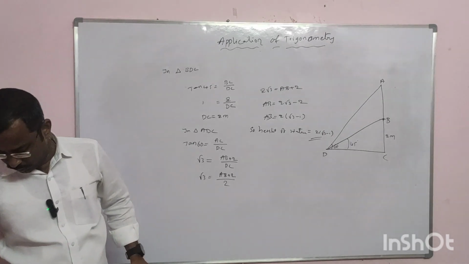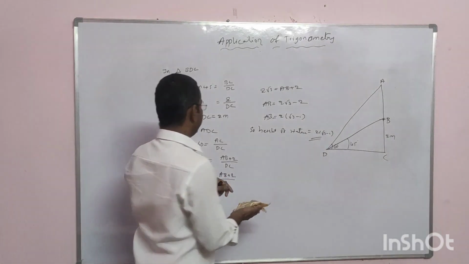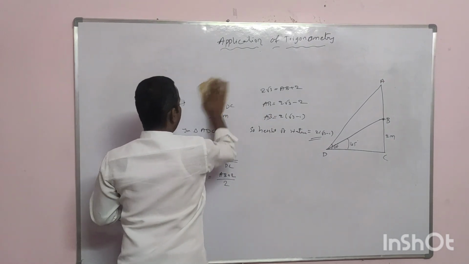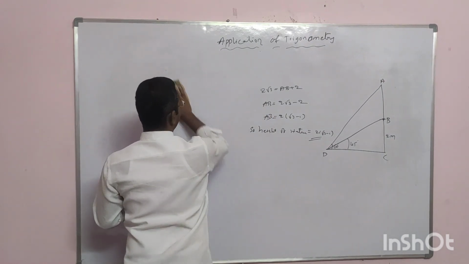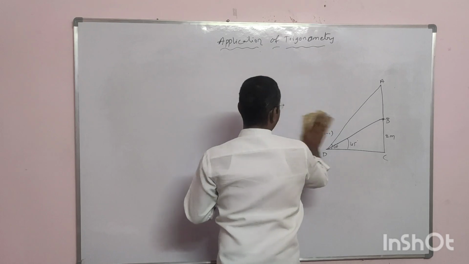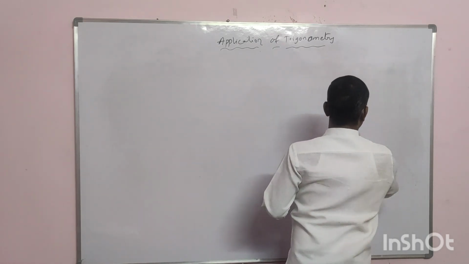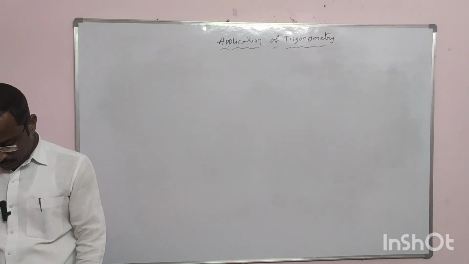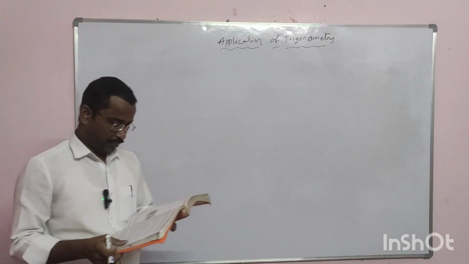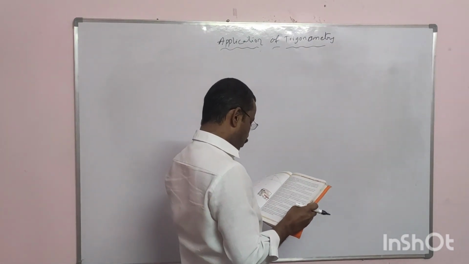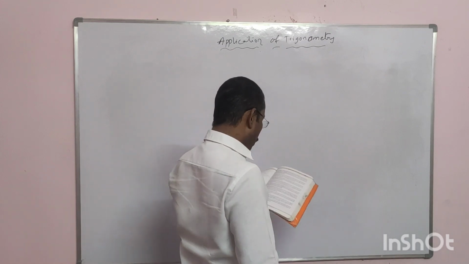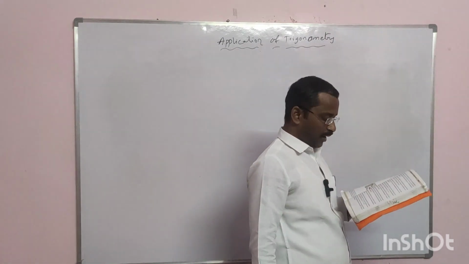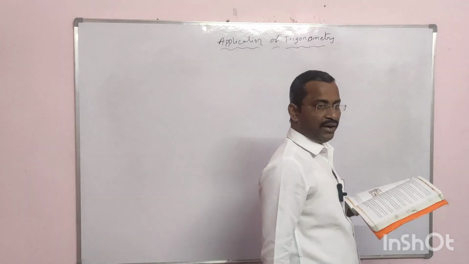ఇంకొక టైప్ ఆఫ్ క్వశ్చన్ ఉంటుంది. ఇక్కడ 2 పోల్స్ అంటాడు. ఇంతసేపు మనం యూజ్ చేస్తుంది 2 ట్రయాంగిల్స్ సింగిల్ ఫిగర్. This is a question number 12.2, 7th question. 2 poles of equal heights are standing opposite to each other on the side of the road.